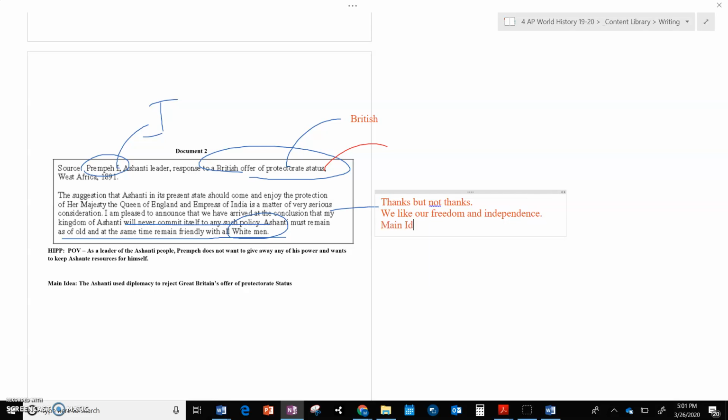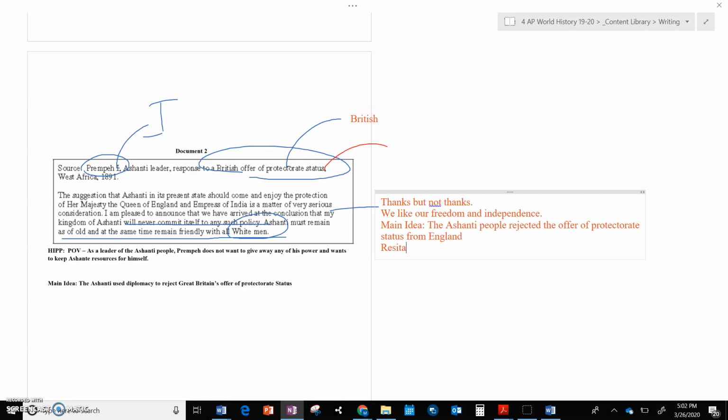So if you had to do a main idea, you'd say the Ashanti people rejected the offer of protectorate status from England. Okay? Now you have to ask yourself, what was the level of resistance?